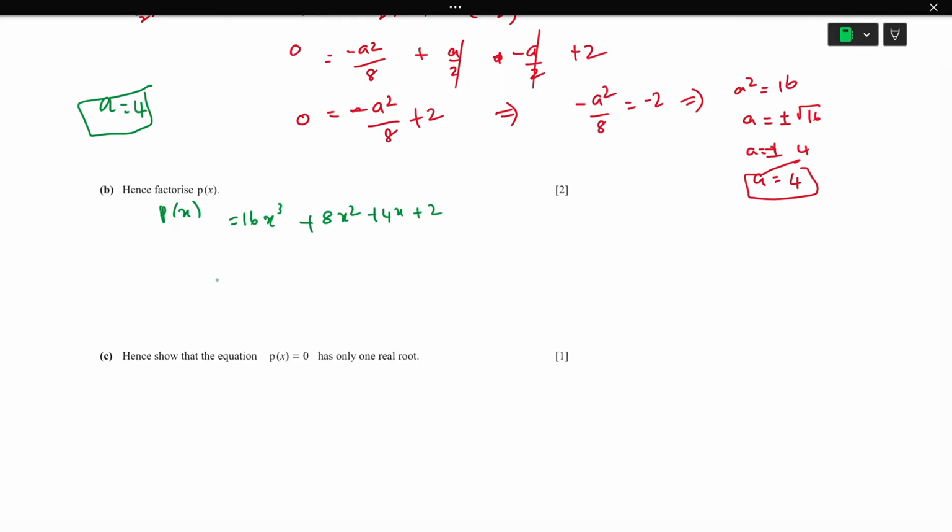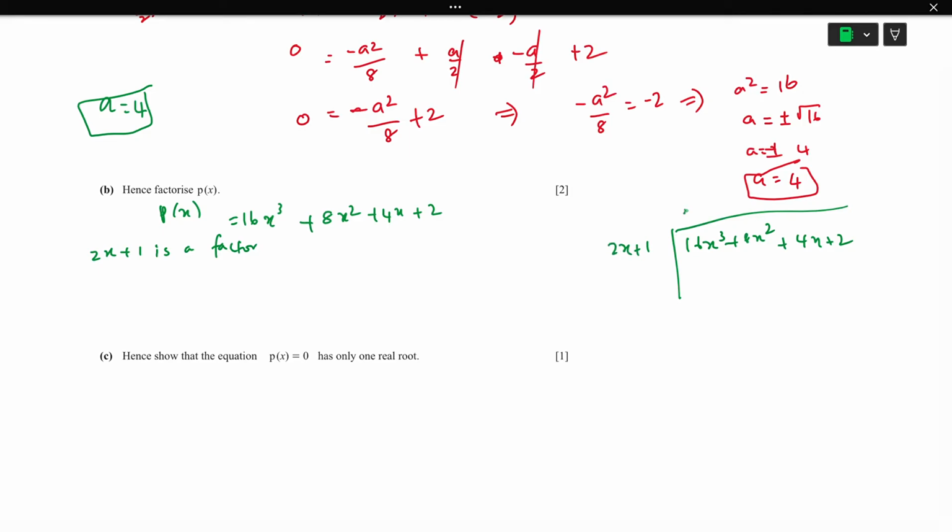We'll get the equation like that. As we know, 2x plus 1 is a factor, so just divide this equation, 16x cube plus 8x square plus 4x plus 2, by the factor 2x plus 1.